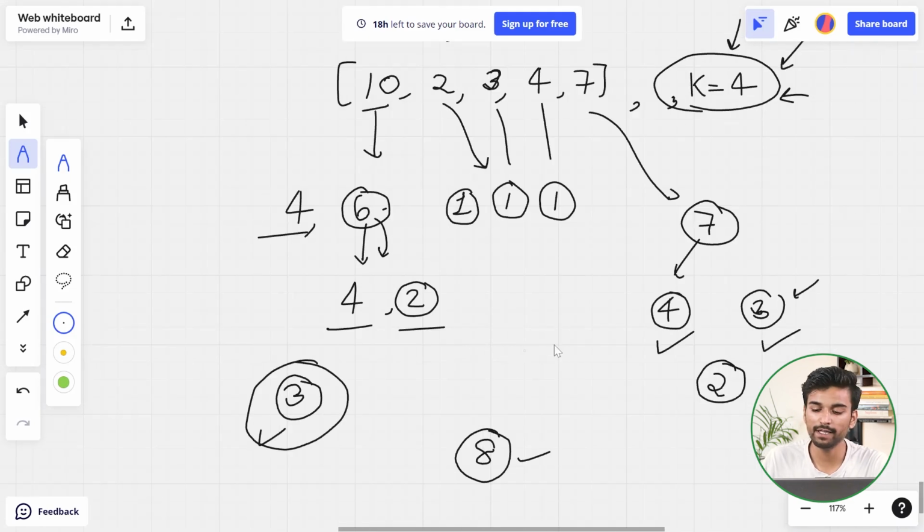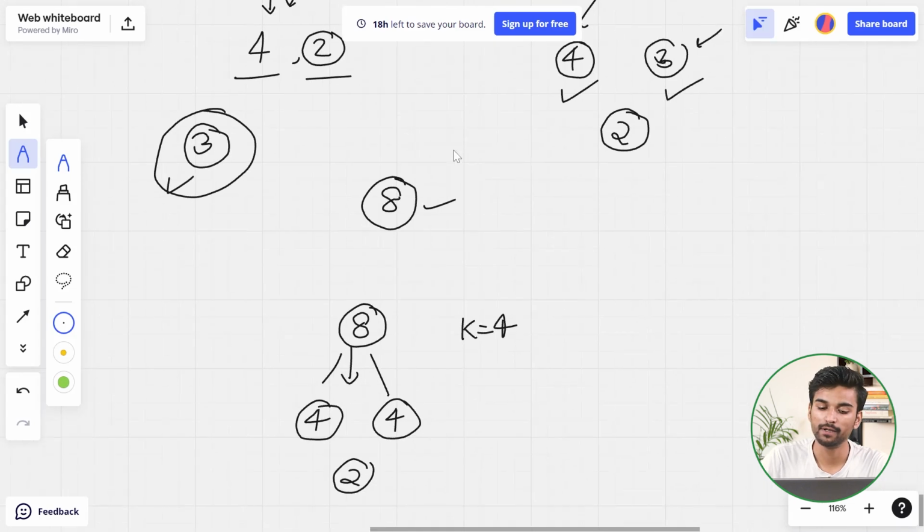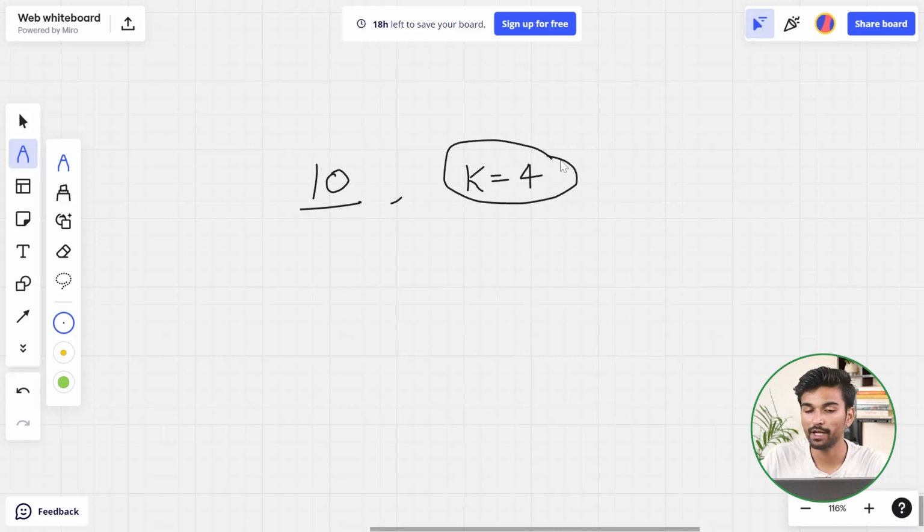How will we find the number of elements that we are going to divide into? For example, if I have 10 and k is equal to 4, how can I find out how many times k fits into the number 10, so that it is lesser than or equal to the sum? What I can do is divide 10 by 4.